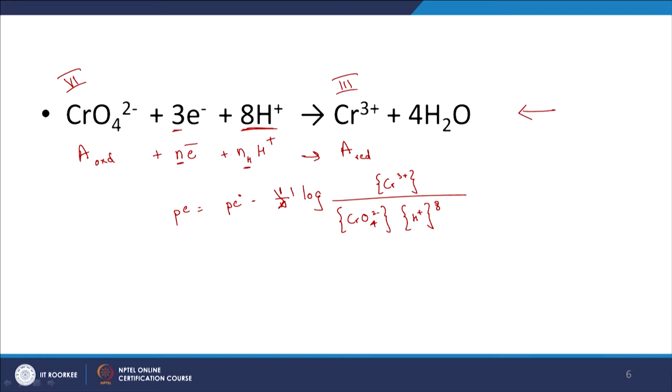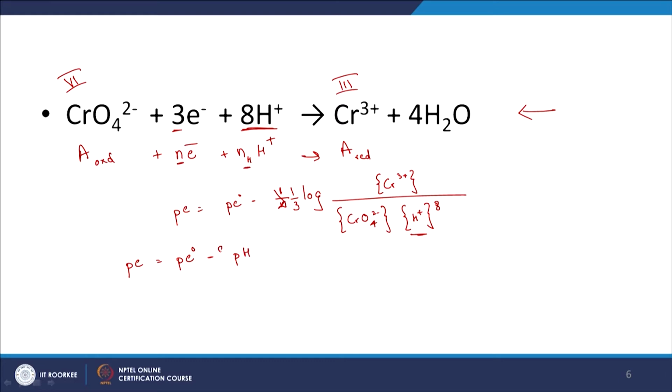So, I am going to say 1 by 3. Again, let us see how this is going to transform into pe equals pe naught minus, and I am now going to bring this term out. So, what is that going to be equal to now? That is going to be equal to minus H, minus pH minus log H plus, which is pH, and because it is in the denominator, minus pH, and it is going to be 8 here.